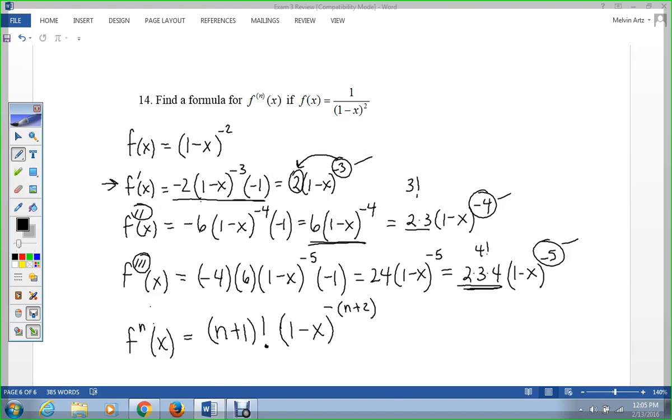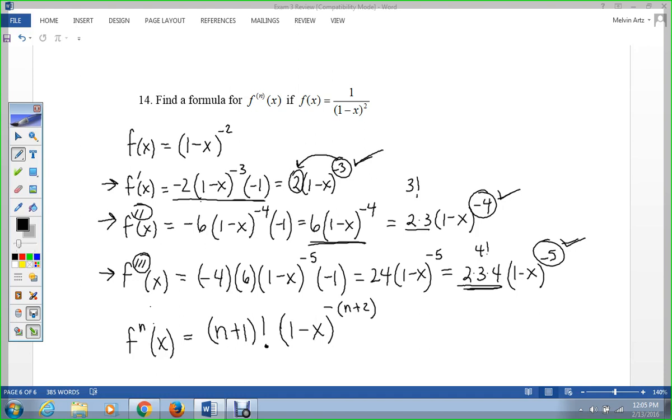If I say this is the first derivative, I would have n plus 2, 1 plus 2, which gives me 3 right here. For this one, second derivative, I'd have 2 plus 2, which would give me 4. The third derivative, I would have 3 plus 2, which gives me 5. But then they're all negative.